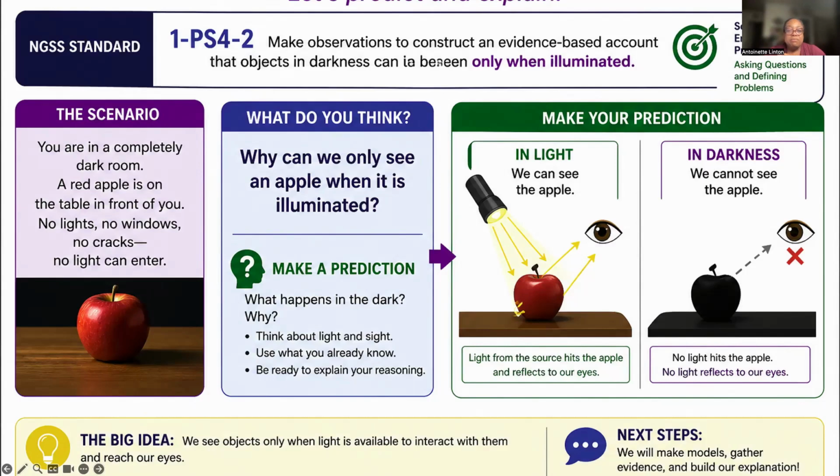Now, here's the important part. What level of thinking is this? This is not remember. Students are not recalling a definition. This is not just understand. They're not simply explaining something already learned. This is moving into applying and analyzing.